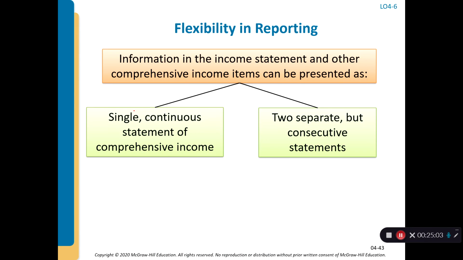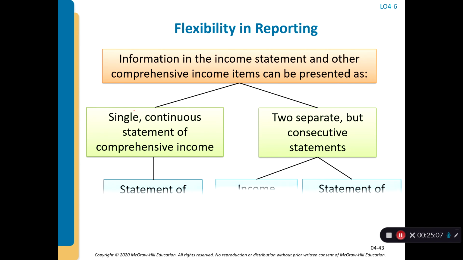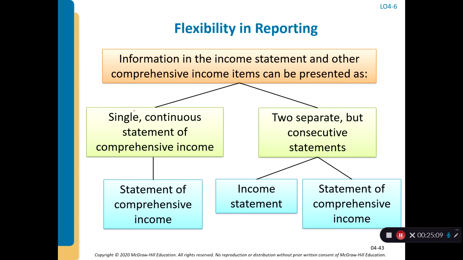In terms of how we report comprehensive income, it is very flexible. First of all, information in the income statement and other comprehensive income can be presented in two ways. They can be presented in a single continuous statement of comprehensive income, or in two separate but consecutive statements.